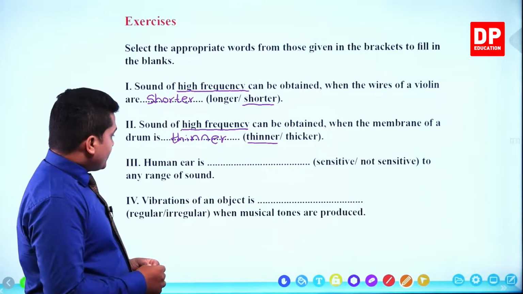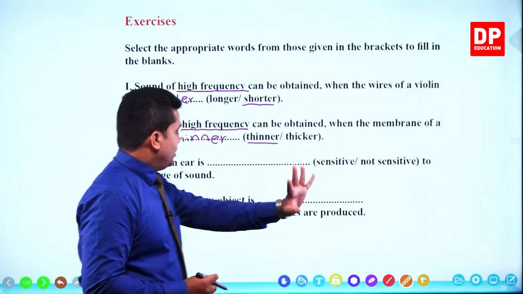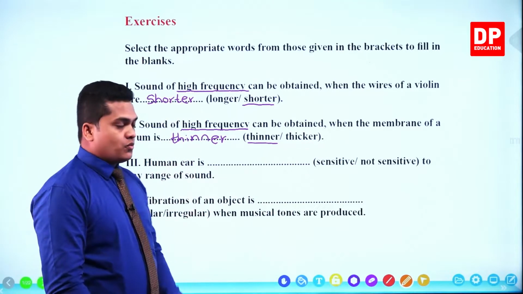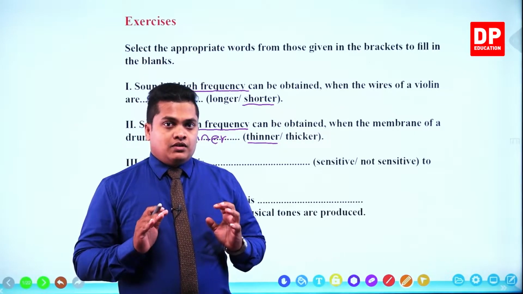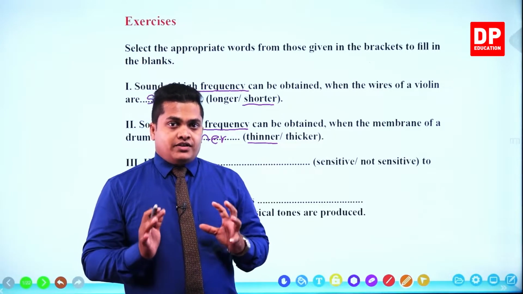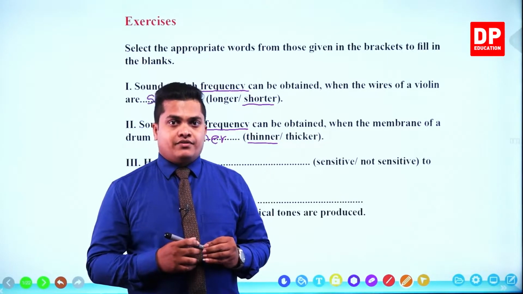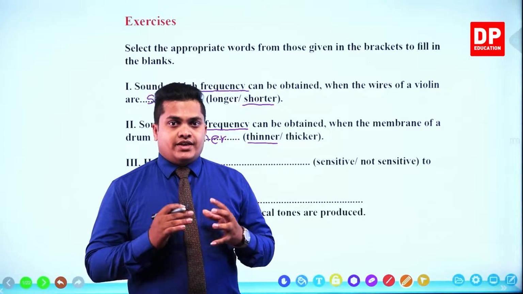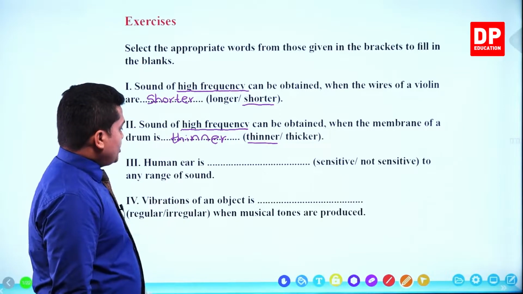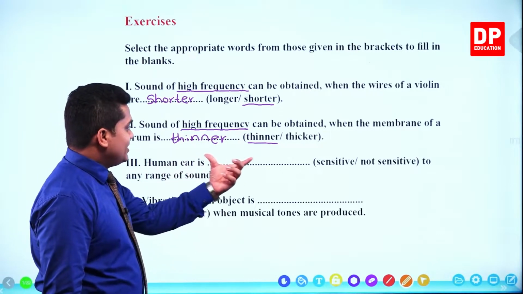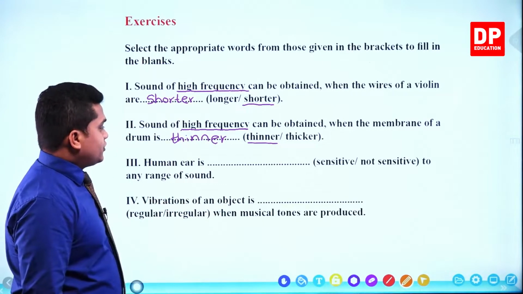Question number 3. The human ear is sensitive or not sensitive to any range of sound. By doing an activity using a hacksaw blade, we discussed that we can't hear all the sounds in our environment. We can hear only up to a certain range of frequencies, from 20 Hertz to 20,000 Hertz.